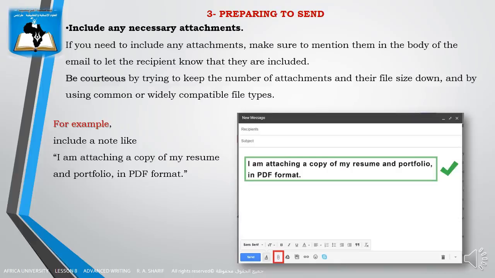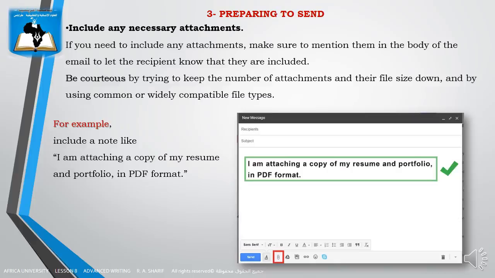So when you are sending a file or an attachment, either PDF or Word document or Excel sheet, or pictures or images, you need to mention that in the body of the email, to draw your recipient's attention to the fact that there are attachments included, okay?